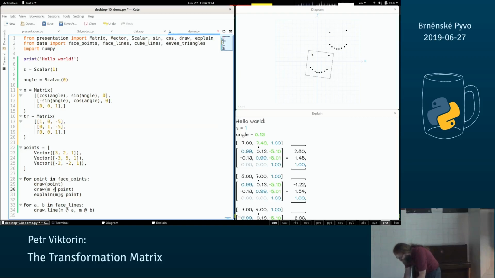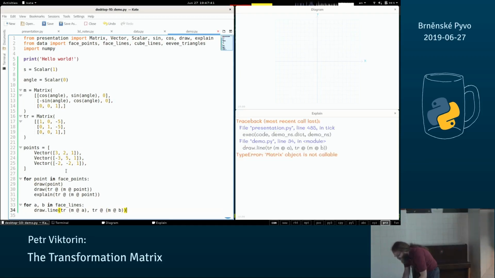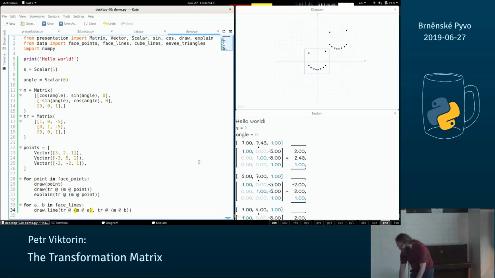And then I have to multiply all this by some matrix like this. And here as well. It is, let's see.